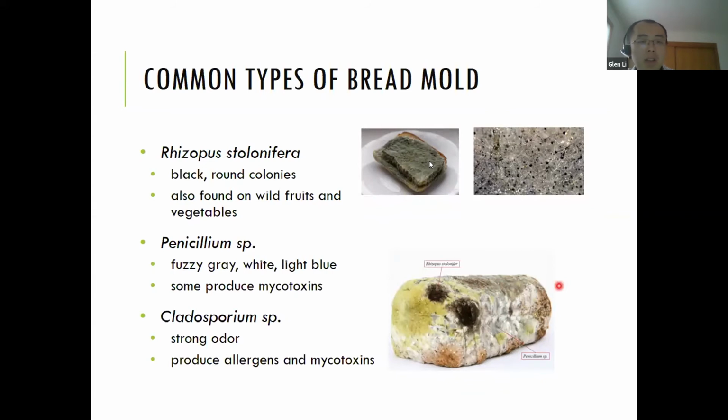The first one is called Rhizopus stolonifer, and it is also called black bread mold because they form black colonies like these and here. So they usually form these round black dots. You see these dots on grapes and some peppers as well. They're usually the same organism.